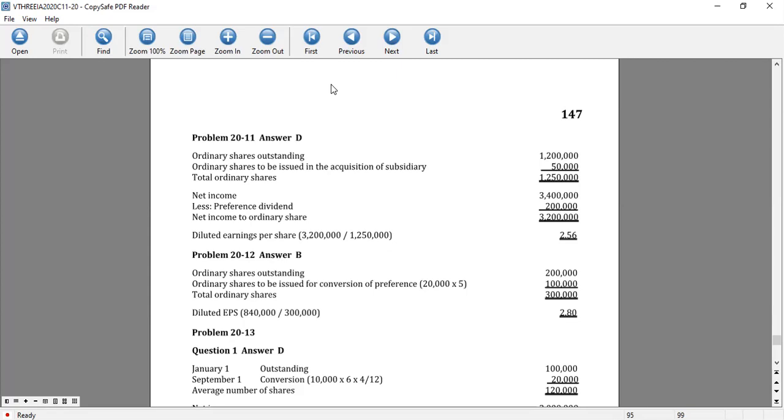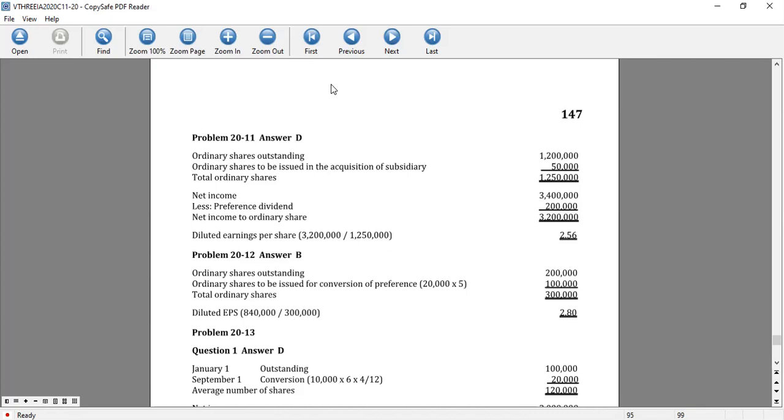Net income 3.4 million, then the preference dividend of 200,000 given. So the difference of 3,200,000 will be the net income to ordinary share, and we divide it by 1,250,000 being the total ordinary shares.